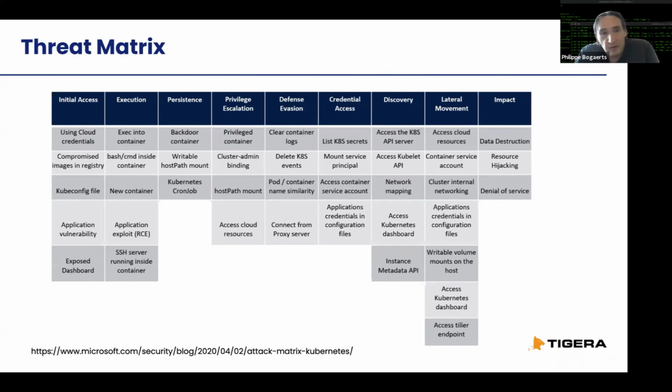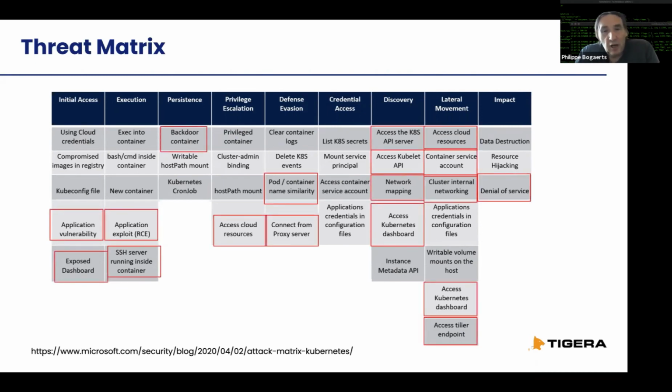So what I try to do is somehow highlight where Calico can be of use, where it can probably solve most of your problems, or at least your problems partially.